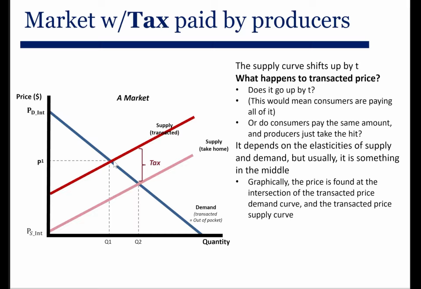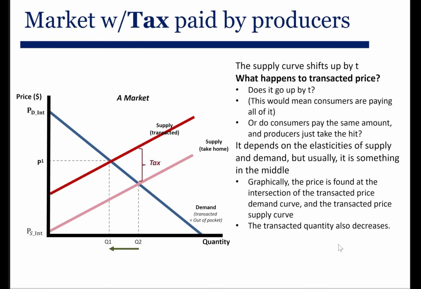So we're looking for that intersection. That's going to give us the quantity and the transacted price, and then the take-home price is going to be lower. It's going to be down here. Note, when we have this tax, the transacted quantity is also decreasing.